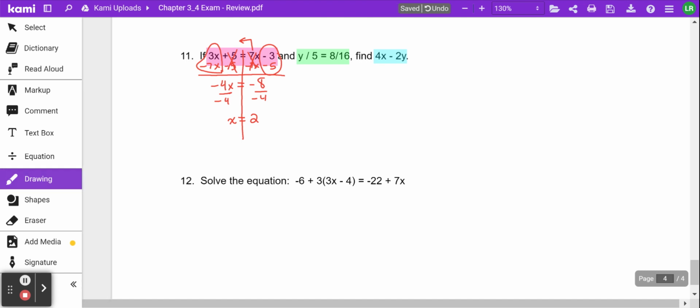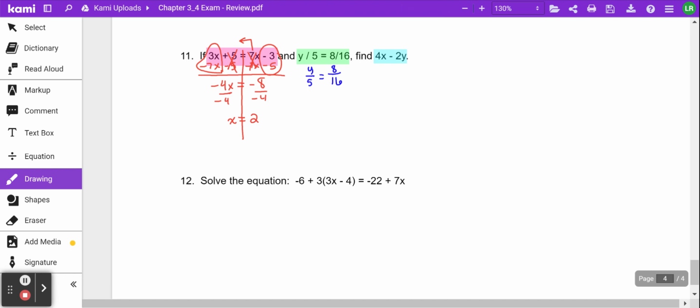X is 2. Now, this second problem is kind of written weird because it was typed out. It is this problem: y over 5 equals 8 over 16. That's how it's going to look on the quiz. So on this particular problem, I need to cross multiply.